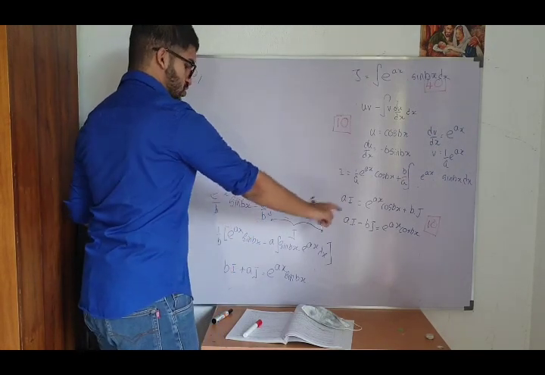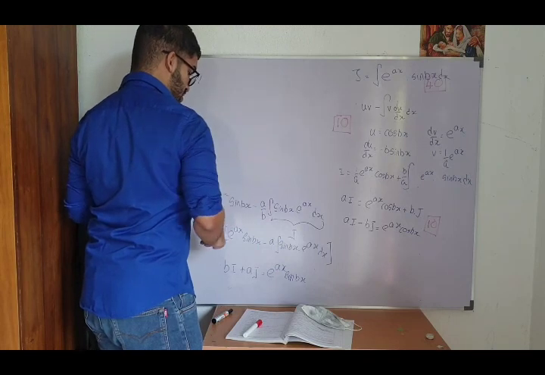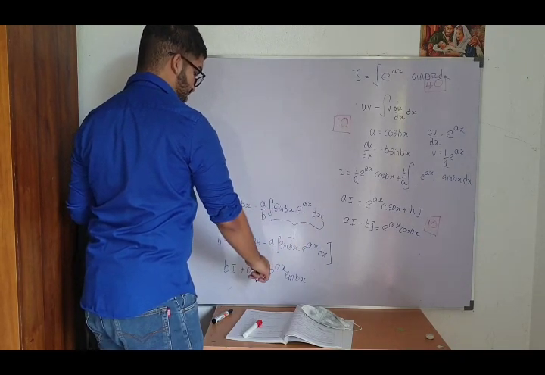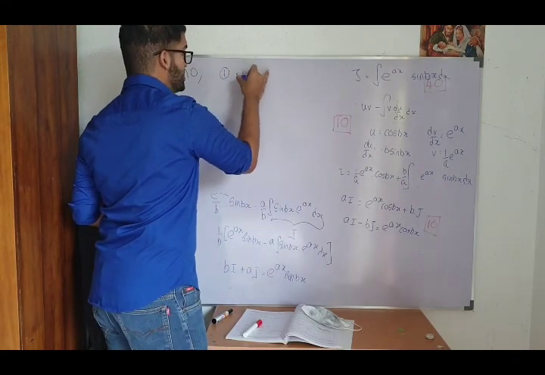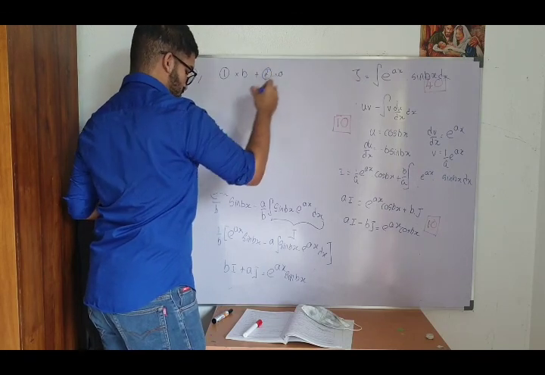So now let's solve this first equation and the second equation. In order to eliminate that, we can multiply the first equation by b plus the second equation multiplied by a.